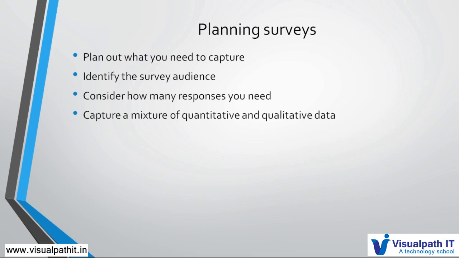For example, you might ask users to rate something and then ask them why they gave that rating. To reduce the overhead of analyzing qualitative answers, it can be useful to only ask for an explanation when an interesting answer has been entered. For example, a user has selected a high or low rating.